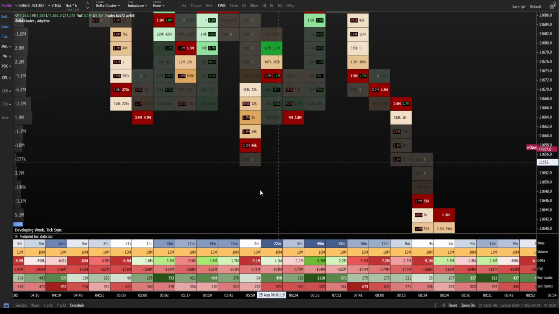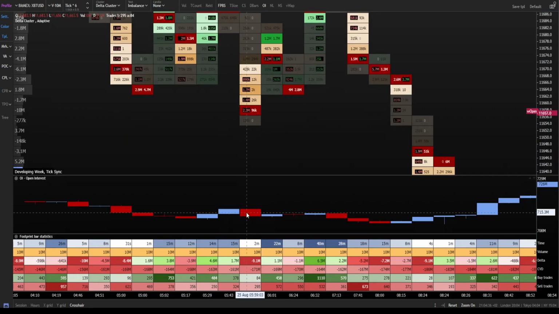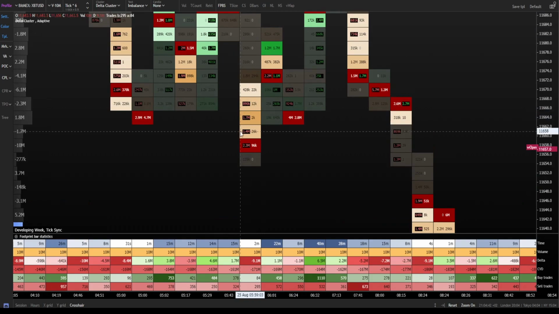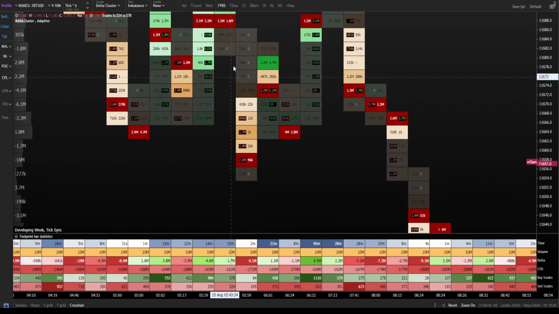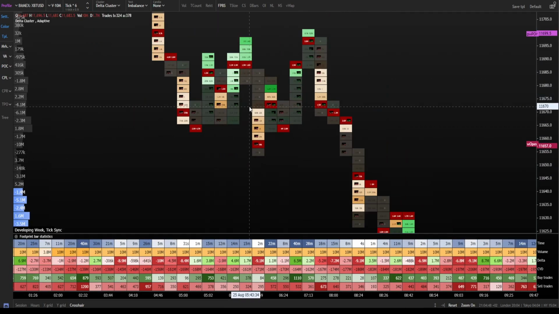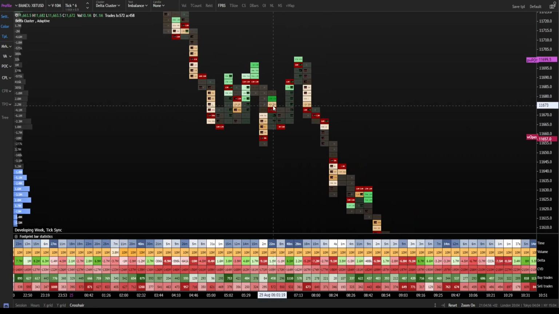If the volume is being taken at the lows in conjunction, for example, with open interest and everything like that, you can really get an idea if traders are being trapped at the lows or if they were in the middle, for example. Based on that, it can give you so much information that can help you trade the current price action.